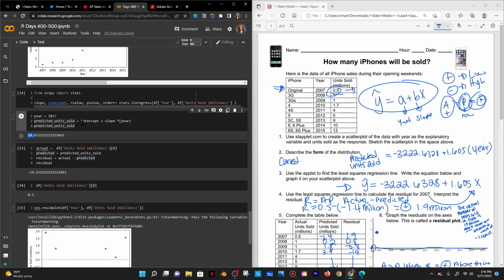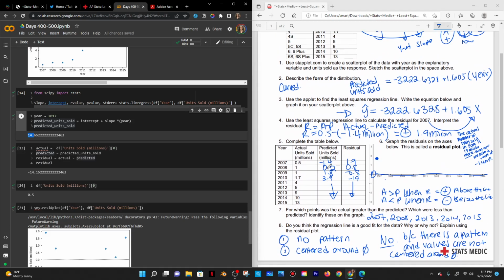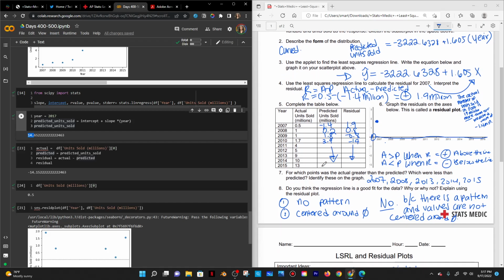But again, we just proved that this is not really a good prediction because the regression line is so bad. If the data is not centered around 0 and there's a pattern, it means our predicted values were just too far off in both directions, either too low or too high, from the actual values.